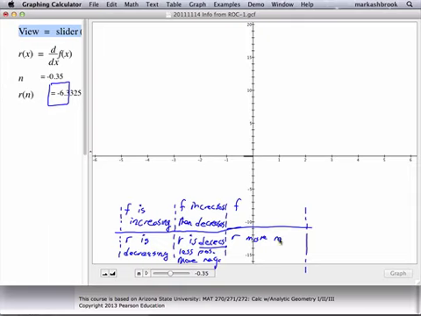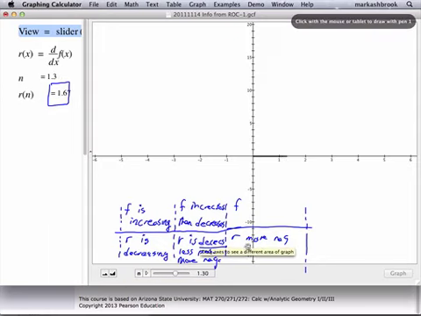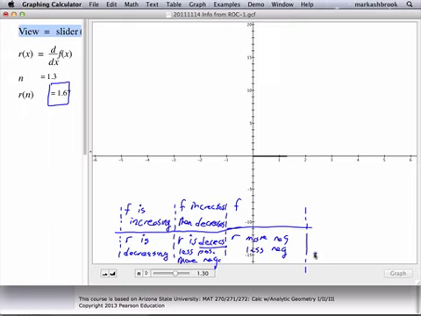So first it was getting more negative. Then what happened? And then it turned around and started becoming less negative. At some point, it becomes a positive rate. And as it was becoming less negative, it reached 0. And after that? What happened after that then? It became more positive.